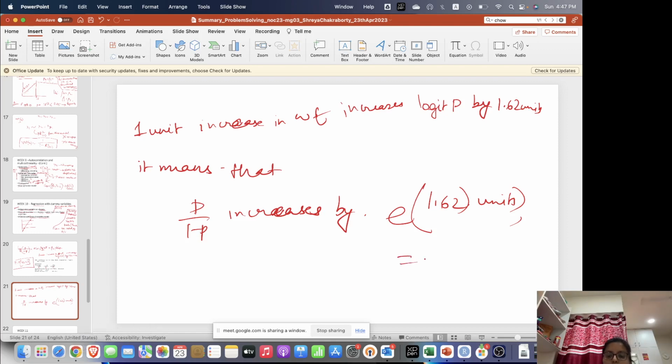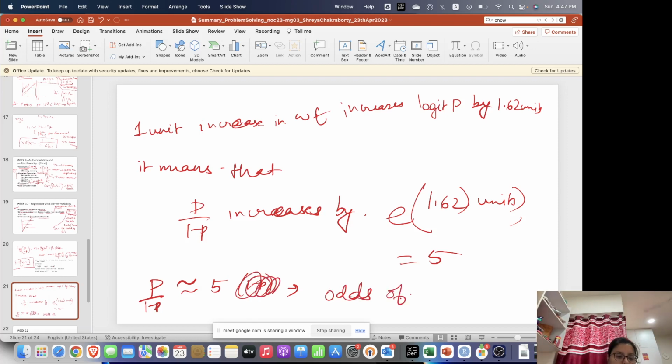This is approximately equal to 5. So if I move it this way, P will be 5 times 1 minus P. So 5 by 1 minus P is the odds.